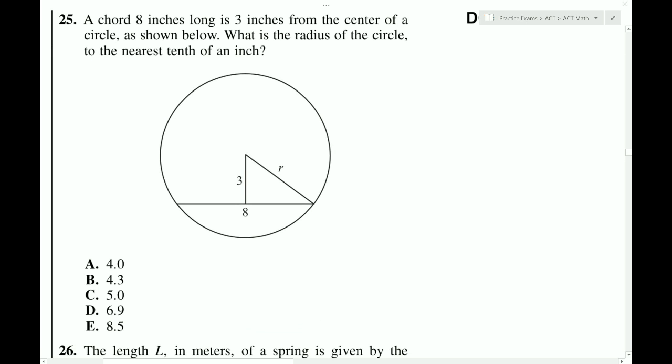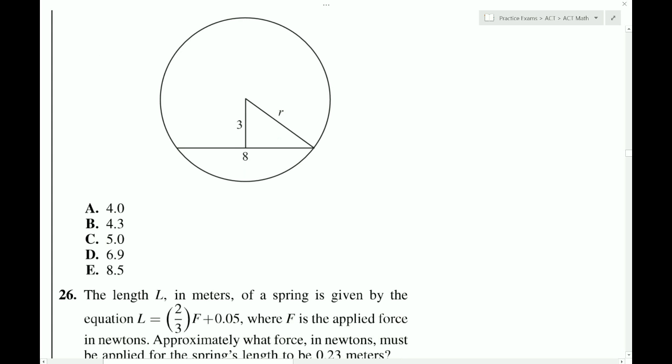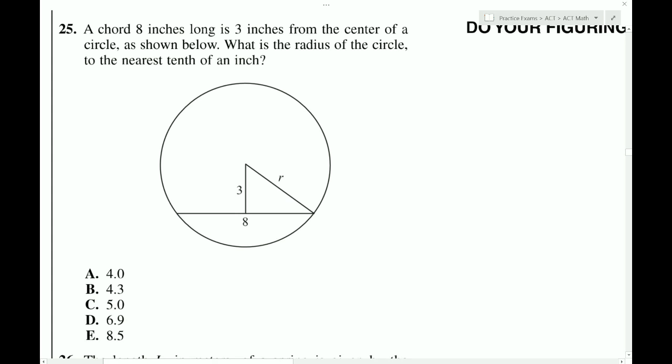A chord 8 inches long is 3 inches from the center of a circle. What is the radius of the circle to the nearest tenth of an inch? Okay, so the way that this works is when you have a chord and here you have a radius, these are pretty much going to form a right angle, okay, and this is also going to be equivalent to this.